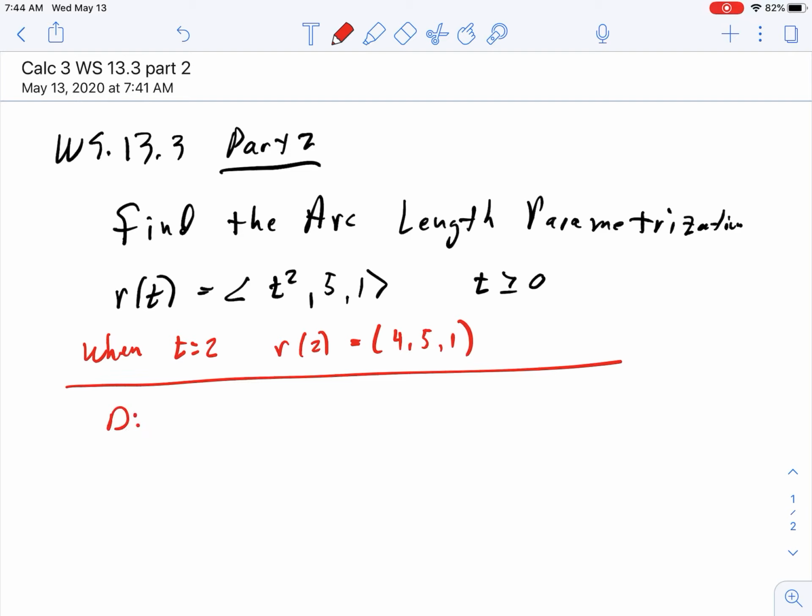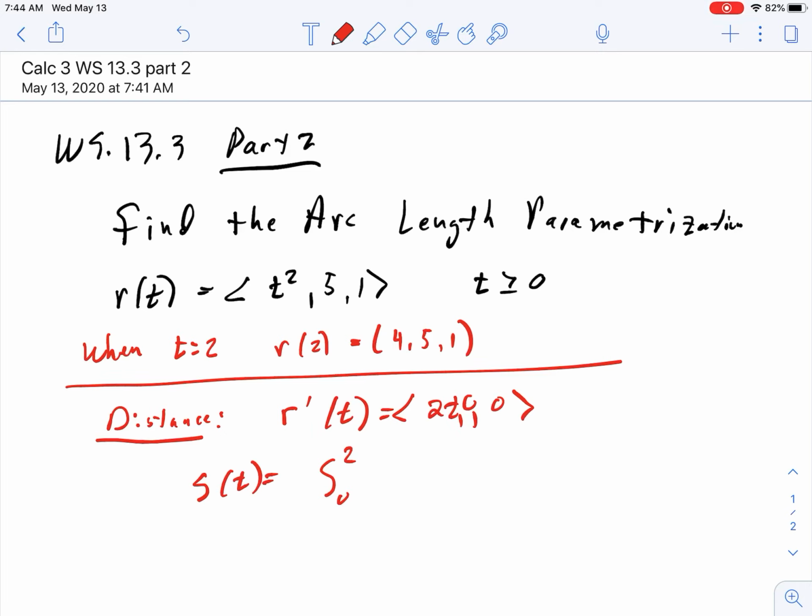Now, to find the distance that you have traveled during that time, remember, you have to use the Pythagorean theorem. So you have to do the derivative squared, so r prime of t is 2t, 0, 0. Therefore the distance you traveled has to be the integral from 0 to 2 of the square root of 4t squared plus 0 dt.